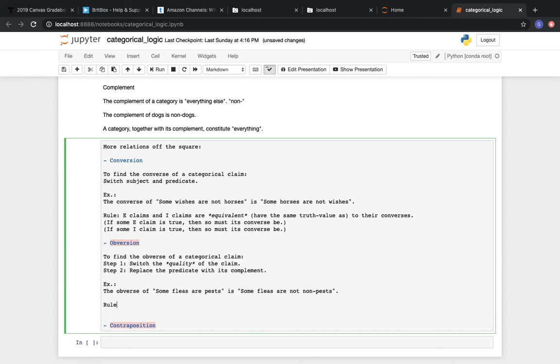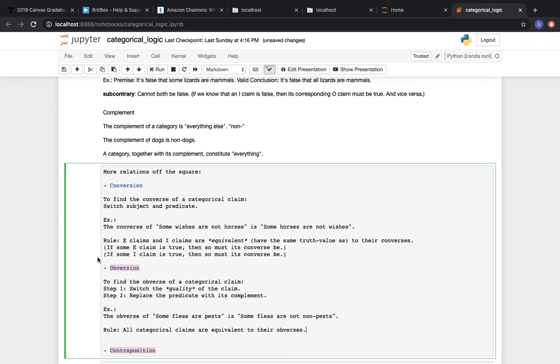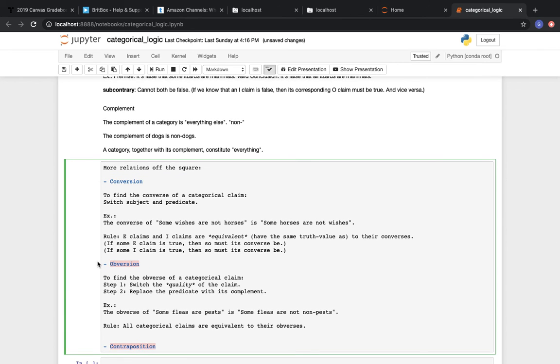Now, the rule here is a very interesting one, which is that all categorical claims are equivalent to their obverses. So that's a rule that you can always use in an argument. If I start with any sort of categorical claim and I want to draw some valid conclusion from that claim, well, I can always just construct its obverse, and I know that that obverse will be true if the original claim was true.